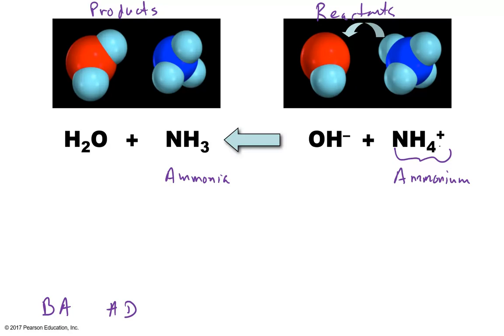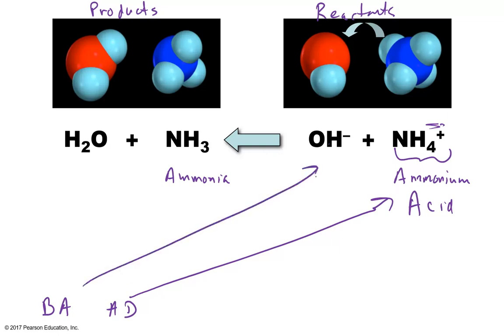Okay, so ammonium is going to give up one of its hydrogens, and it's going to be hydrogen ion, so it becomes neutral. And so ammonium, because it is donating, is the acid, and the OH is going to accept. And so the OH is, in this case, the base.